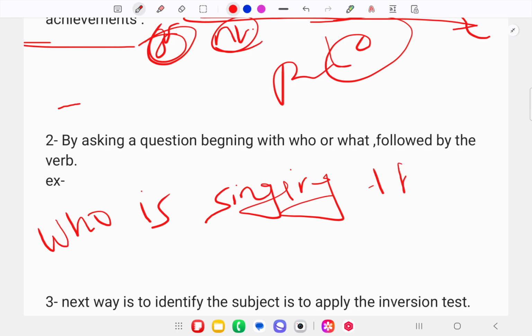If I say: who is singing the song? Suppose that Radha is singing the song. So if we have to find out the subject, we just raise a question: who is singing the song? Then the answer will be Radha. If Radha is singing the song, the answer will be Radha.